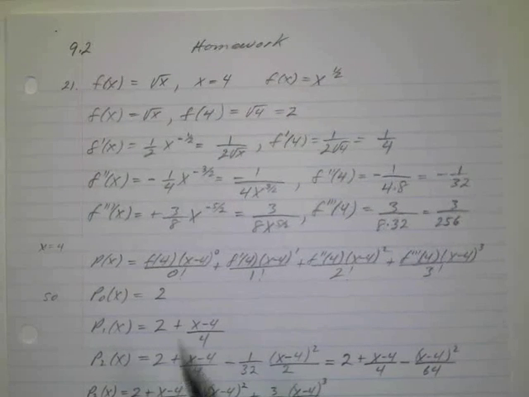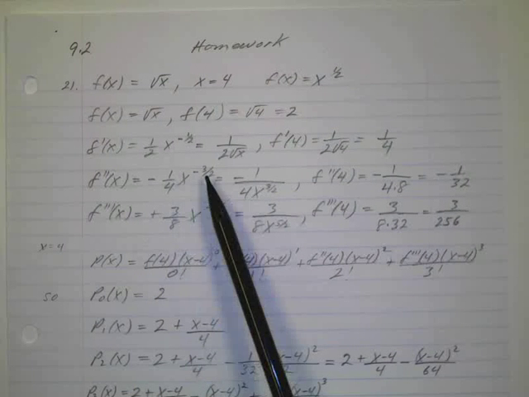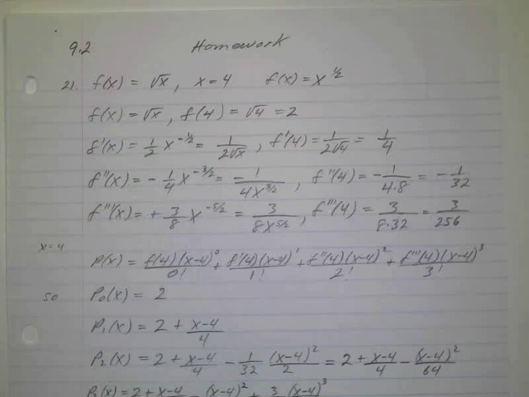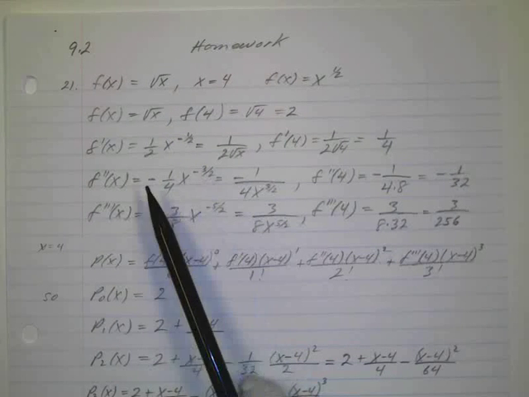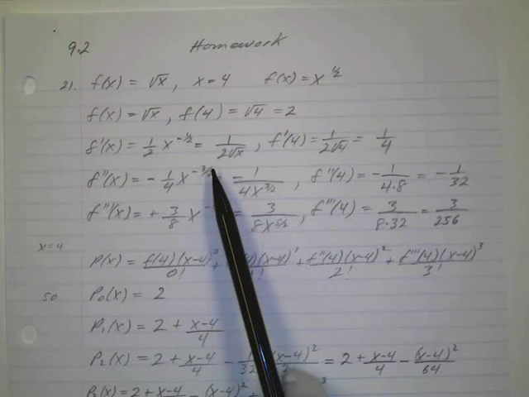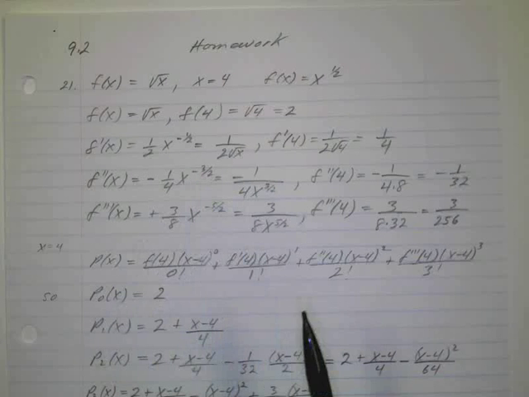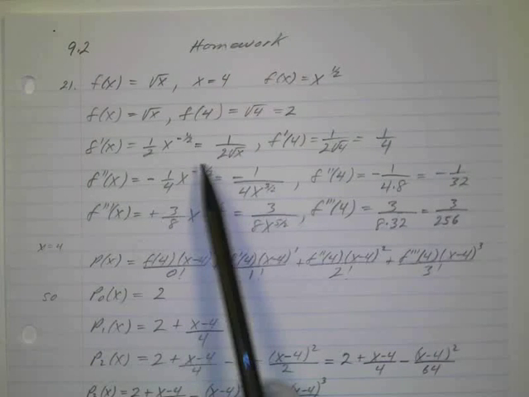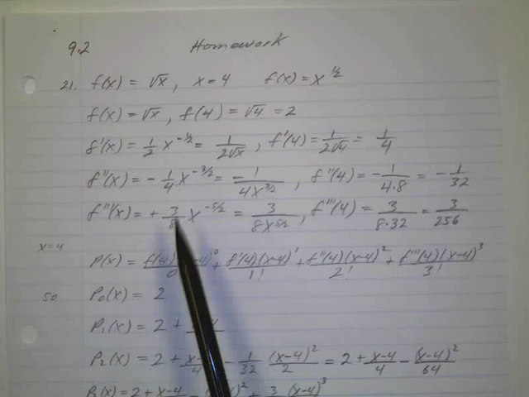And then for my third derivative, if I take the derivative of this, that's why it's good in this form, because we can just keep applying the power rule. A negative times a negative is positive. We're multiplying 3 halves times 1/4.